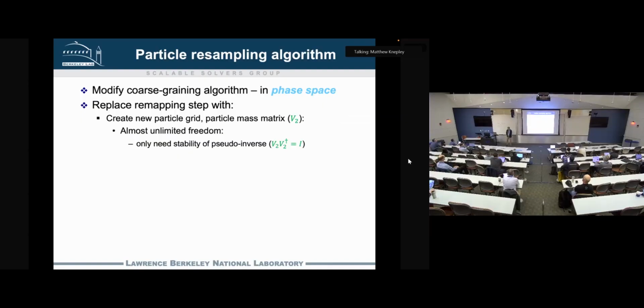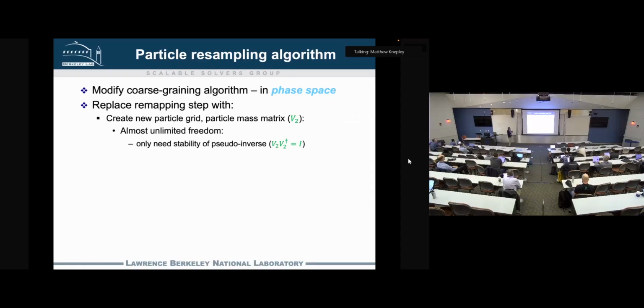Okay, so now a resampling algorithm. You can modify the coarse graining algorithm by now working in full phase space. So same equations, but working in full phase space. And now after you deposit onto a grid, you evolve your collision operator if you've got one, and at this point you've got your distribution function. It's entirely on the grid, and you can throw your old particles and your old particle weights away.